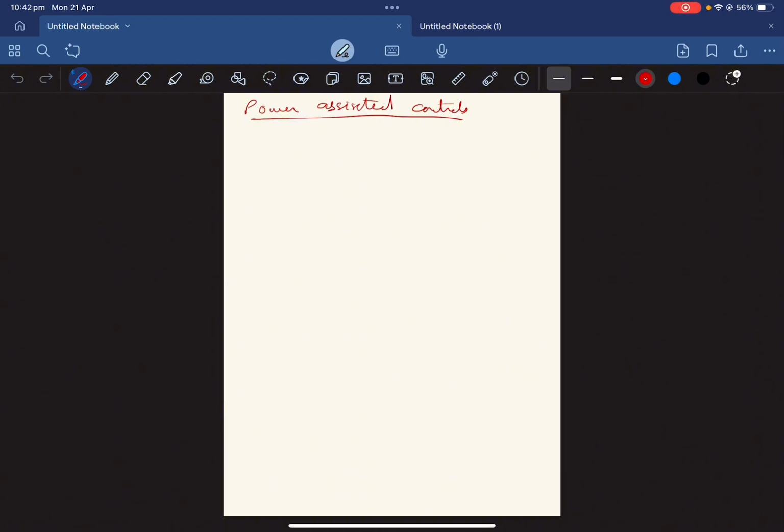In power assisted controls, the force you give does not control a lot of the movement. The maximum movement is controlled by the hydraulics you have. This hydraulics is the main thing that helps you move your control surfaces.